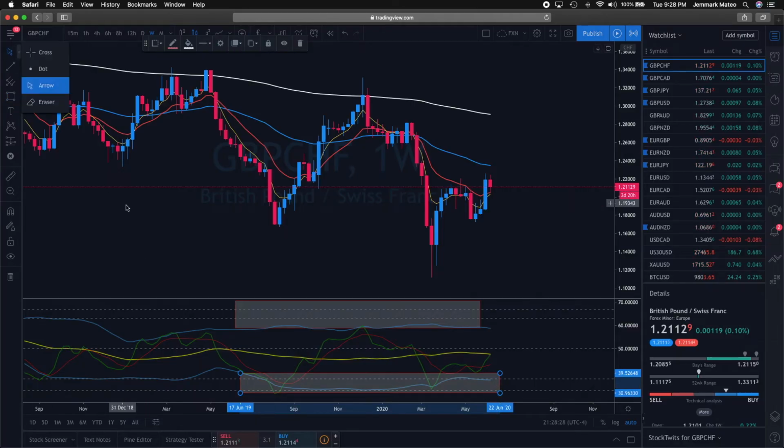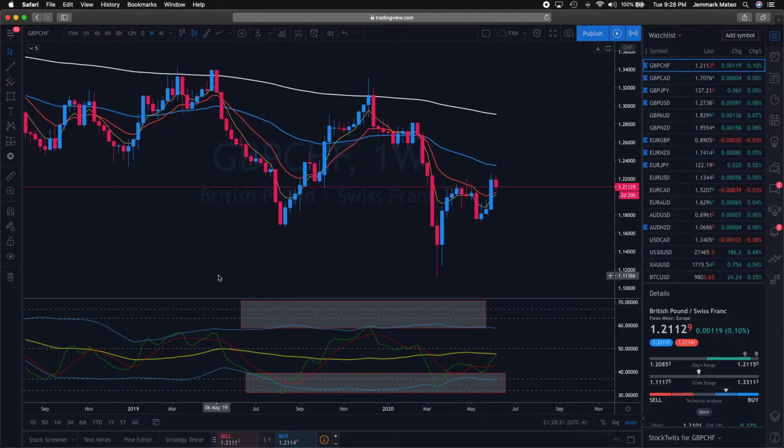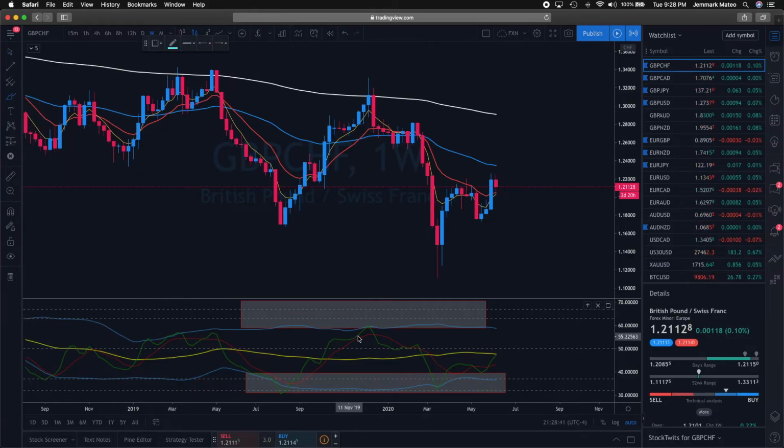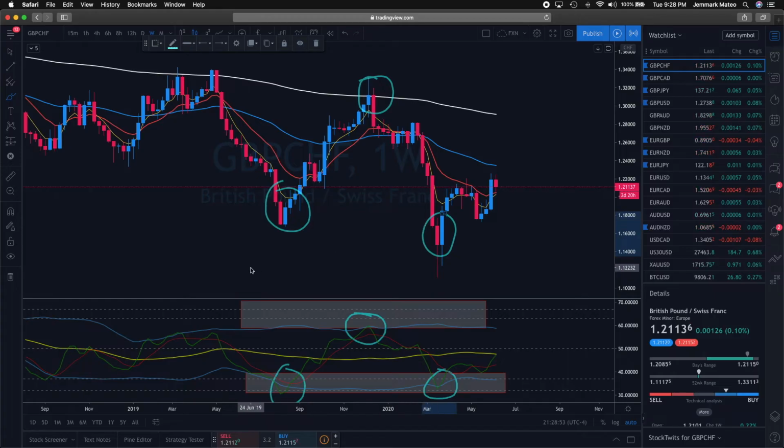Now, just notice what happens when the TDI gets to these extreme lows or extreme highs. Look what happens. Do you see this? You see this trend here that goes on, and that trend that goes back down, and then this trend that is currently on now?